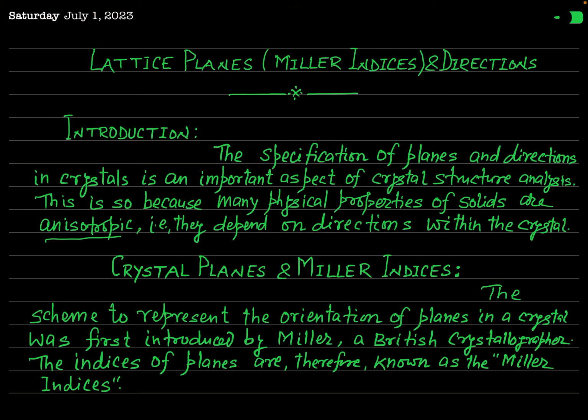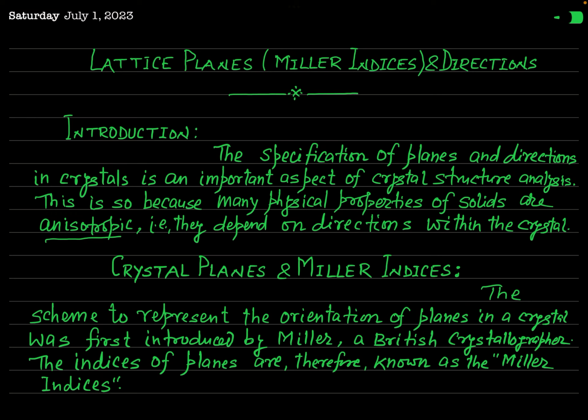So in his honor, these sets of three integers are called Miller indices. In this lecture we will see the concept of Miller indices, how we can determine the Miller indices of a given crystal plane, and in the next part of this lecture we will see how to determine the different directions in a crystal.